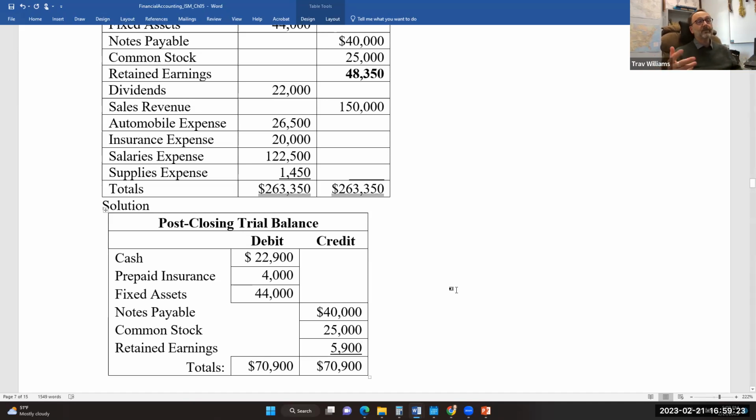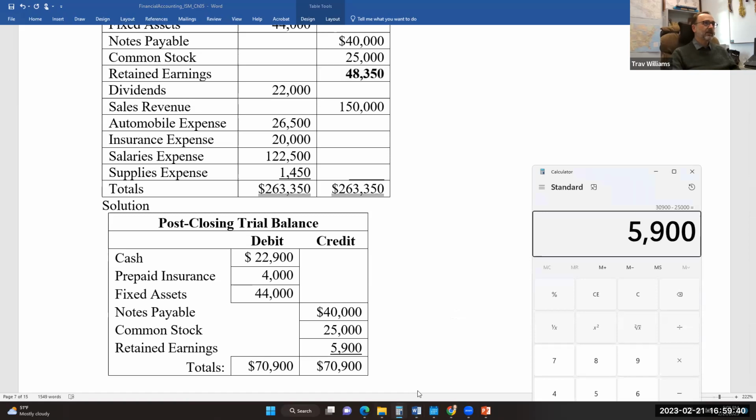Anyways, even if we do it that way, let's double check by calculating our ending retained earnings and see if it really comes out to 5,900. So one way we could do that, I would say the logical way, is we take our beginning retained earnings. That's how much we had earned in the past that carried over.